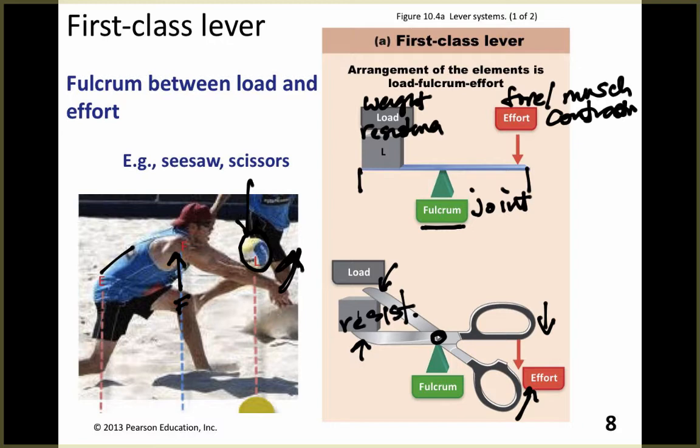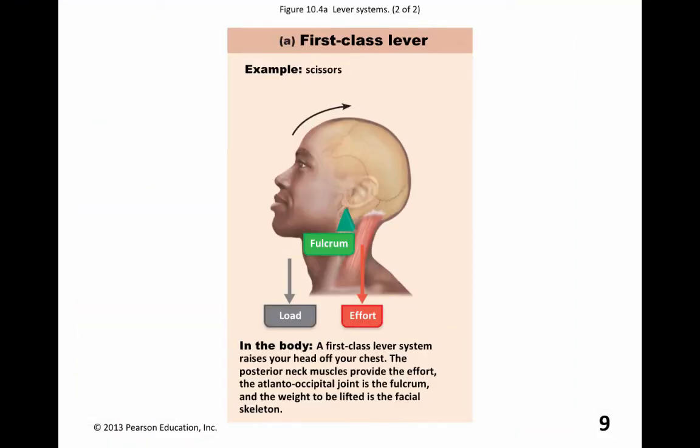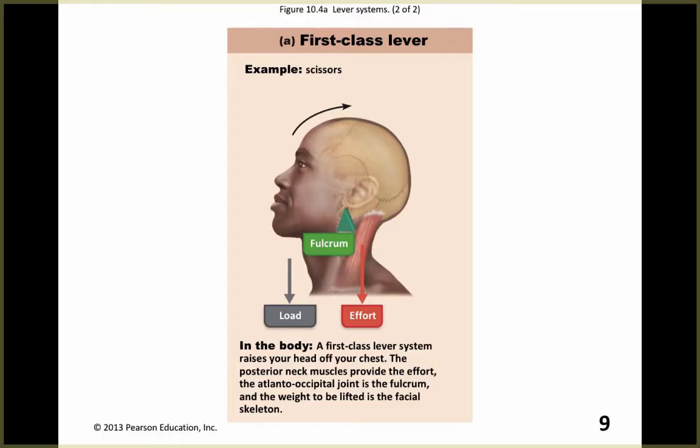Now another example that they give in your book is your head as well. At the base, where your spinal column comes up, you have the atlas allowing the occipital condyles to lay on there.